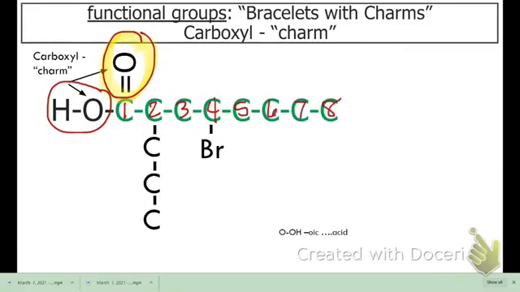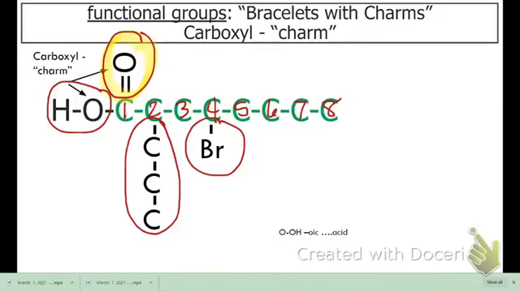The rest of your rules go naturally when it talks about charms. Well, here's a charm, bromo, and here's a charm, propyl. Who goes first? Bromo does. Where's bromo located? On carbon 4.